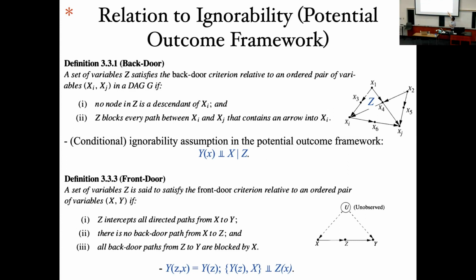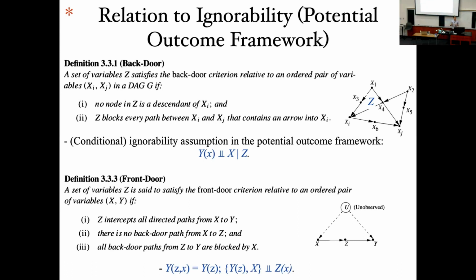For instance, if you have a link from U to Z, then this condition is violated, right? We don't have the front door criterion, then we cannot use the front door adjustment. Good. This is a formulation in the potential outcome framework, and you can see the correspondence.